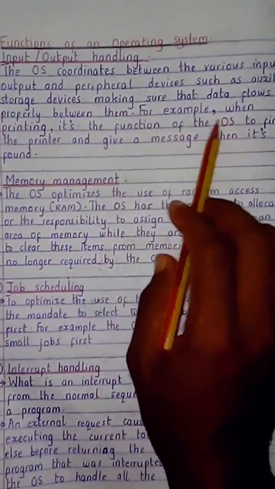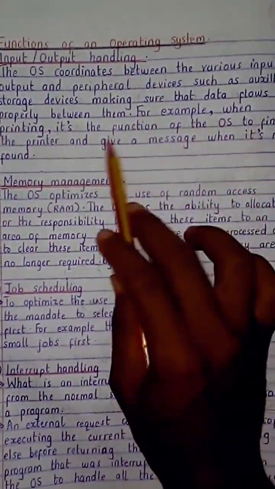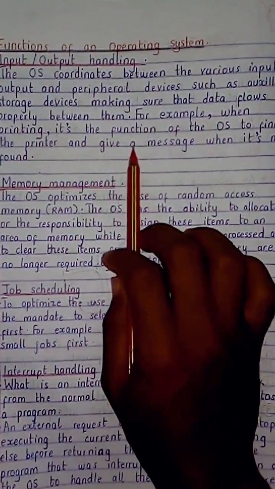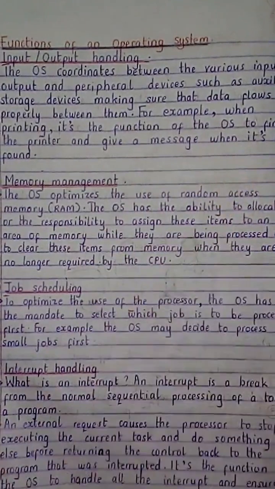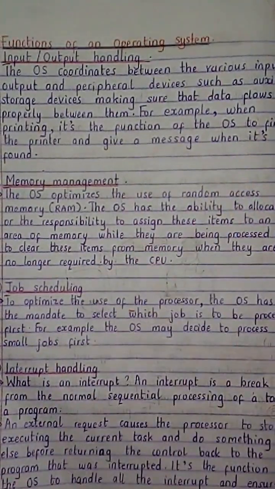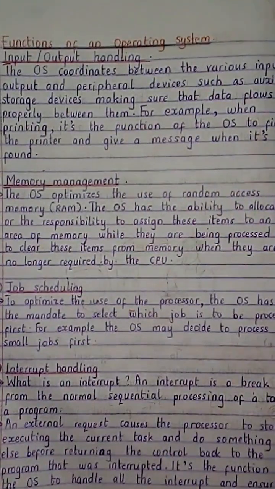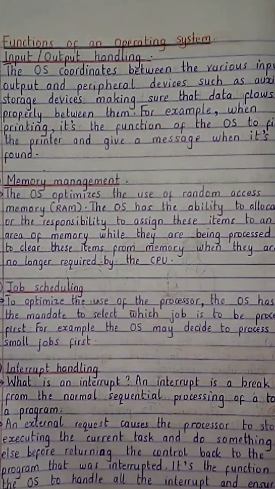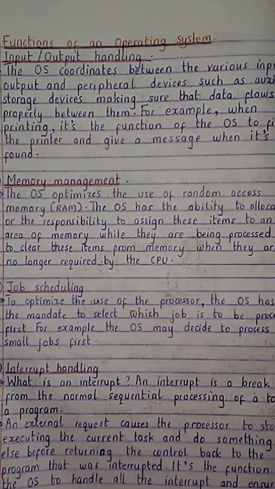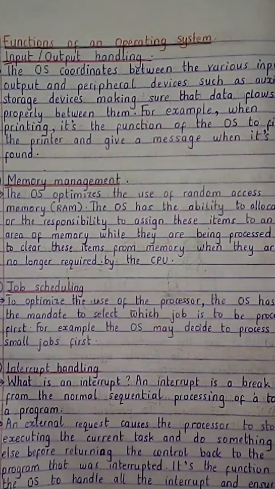When a printer is printing, it is the function of the operating system to find out if there is a printer and give a message back when the printer is not found. So when you see a message telling you that there is no printer or the printer is not available, that's the job of the operating system.